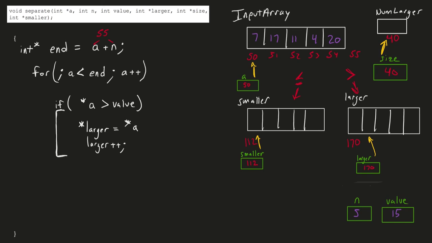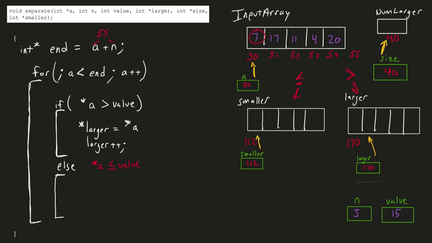Actually, I'm going to do the same thing here. So if a certain value is not larger than our split, therefore by default it's either going to be equal to or less than. So I can just use an else here to cover that equal to or less than condition. So else, which really means that a value is less than or equal to that splitting value.